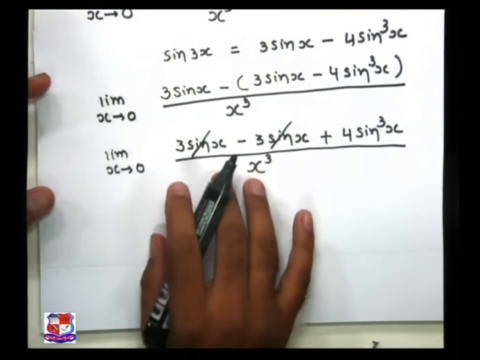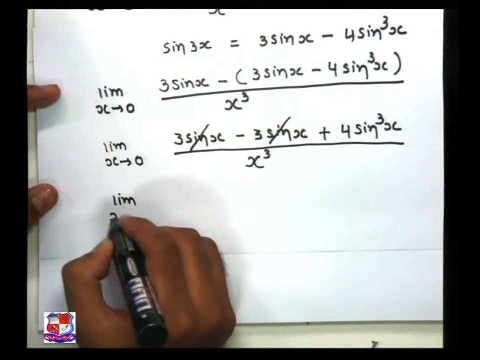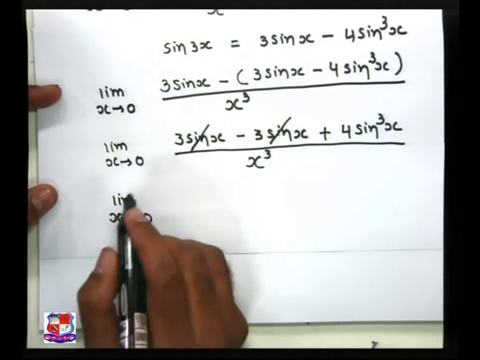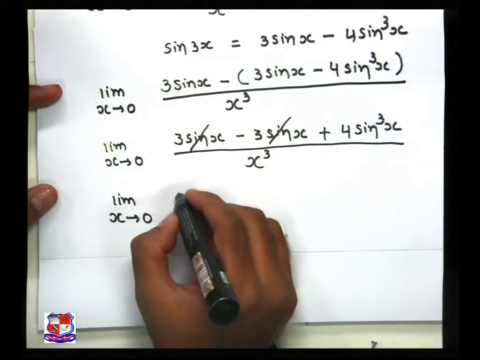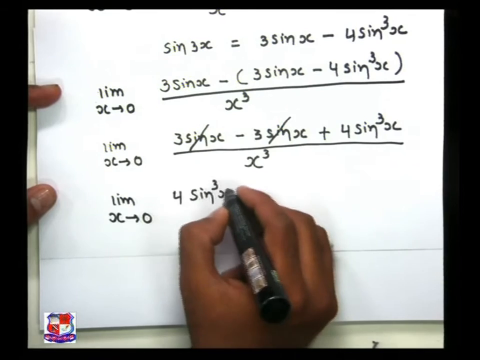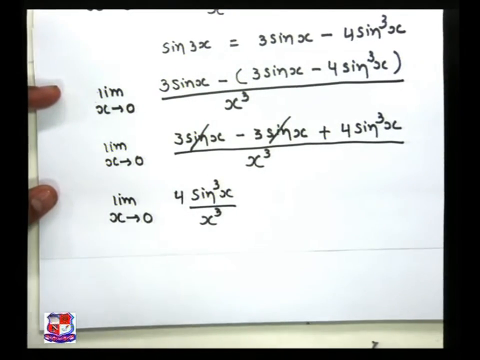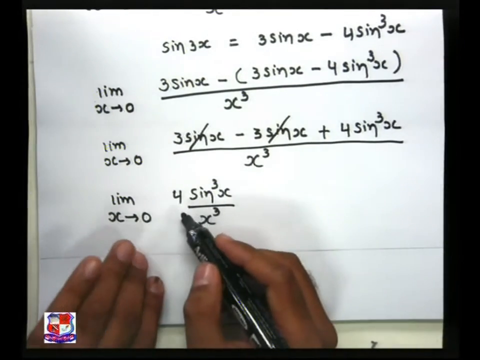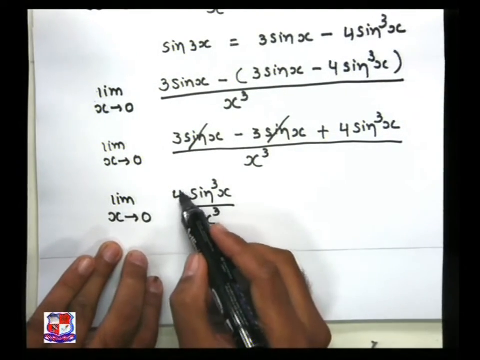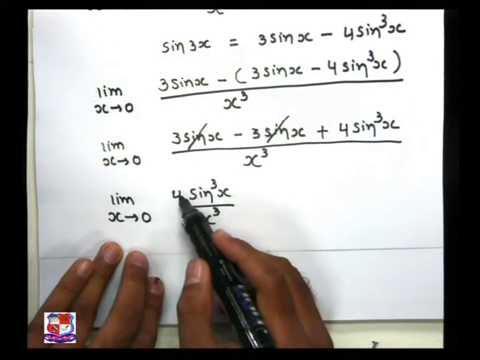So our next step is to simplify and write it: limit x tends to 0, the remaining value is 4 sin cube x upon x cube. Now the 4 goes outside of the limit, because there is no multiplication with x.